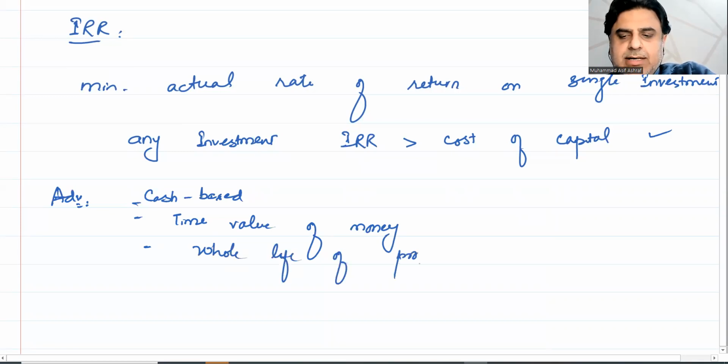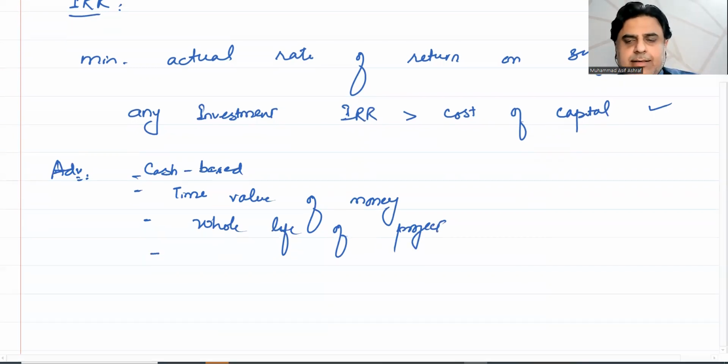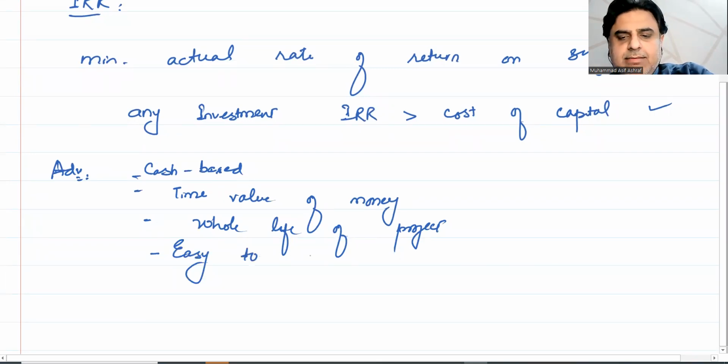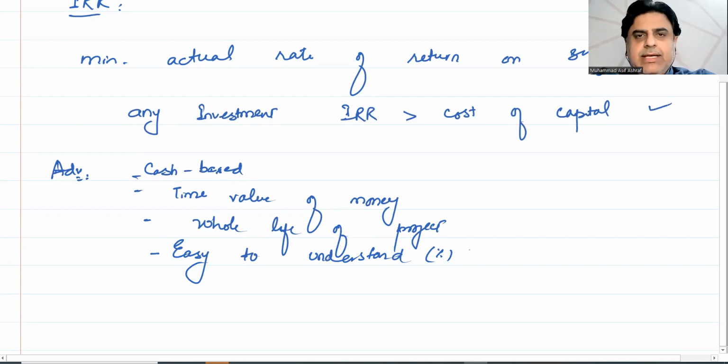Cash flows are taken. It is easy to understand for the non-financial manager, because it gives the answer in percentage, and anything which is in percentage is easier to understand for these managers.